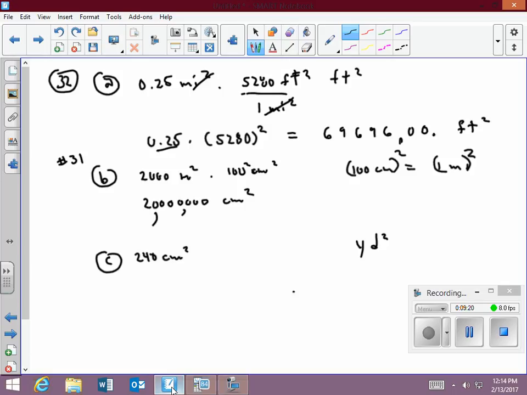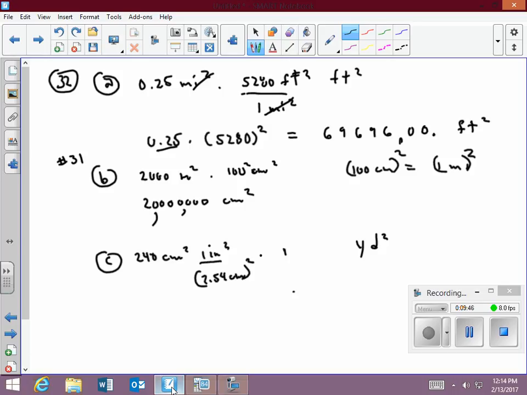There's 2.54 centimeters per inch, isn't it? Mm-hmm. So 1 inch squared is 2.54 centimeters squared. And then we have inches, so we got to go 36 inches in a yard.